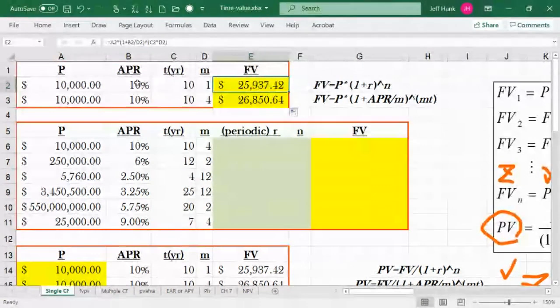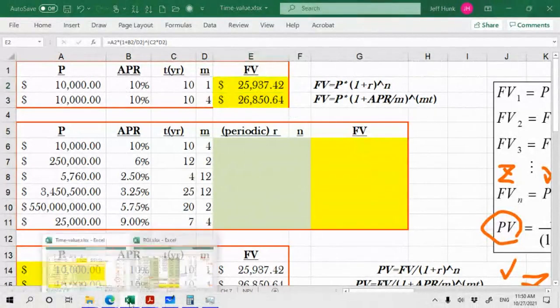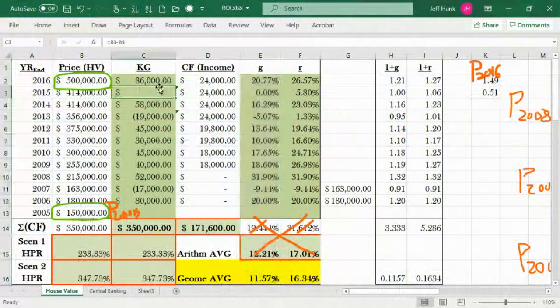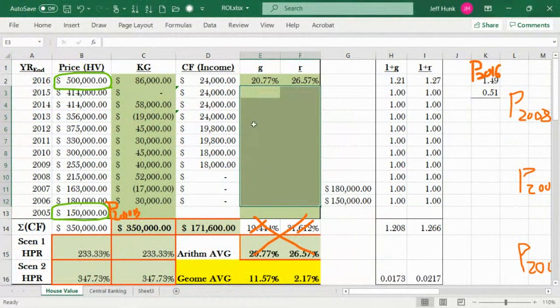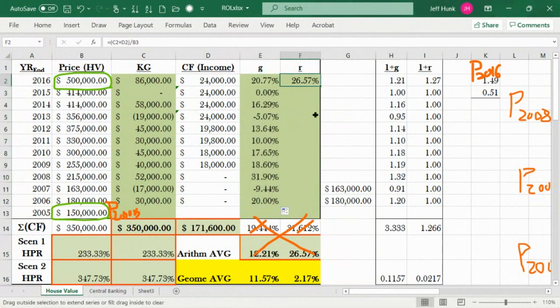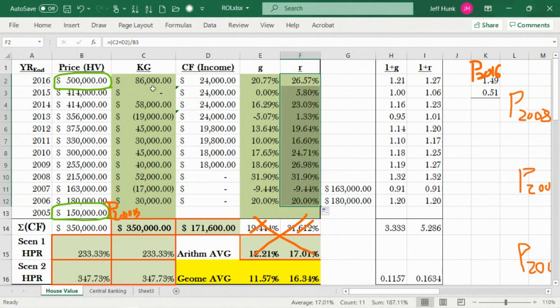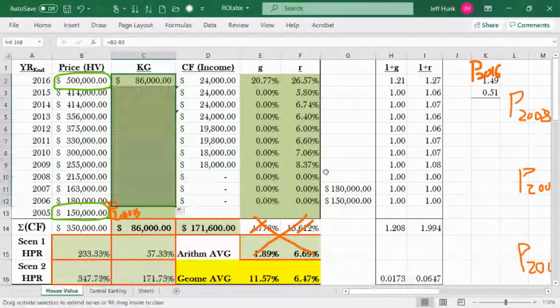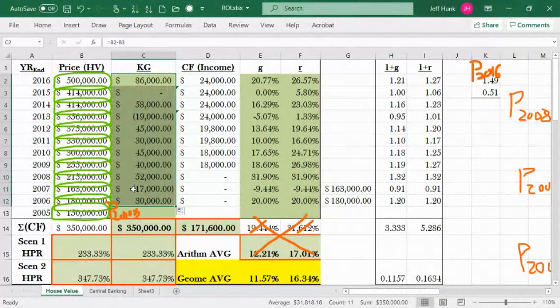We did this already, so I don't need to re-explain, because when we did this example, all I needed to do was just drag it down, and the formula gets copied, right?